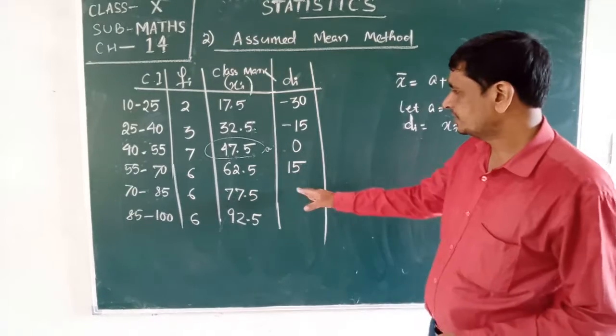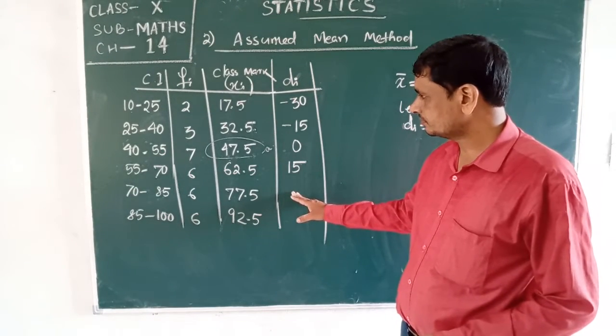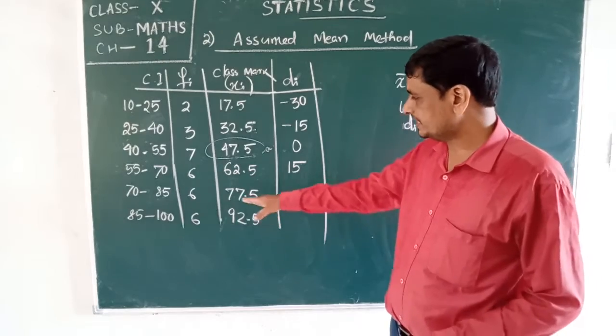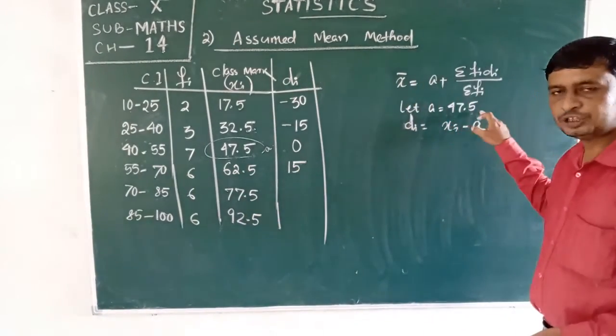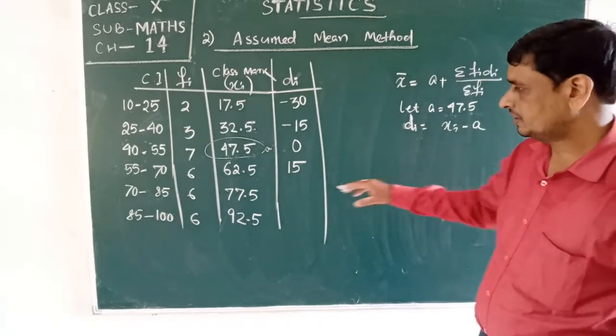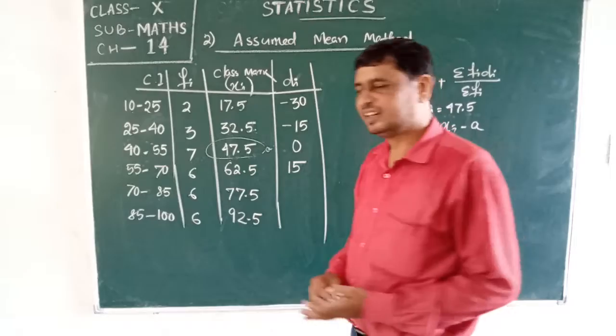Next, D5, it is 77.5 minus 47.5. Xi minus A becomes 30.